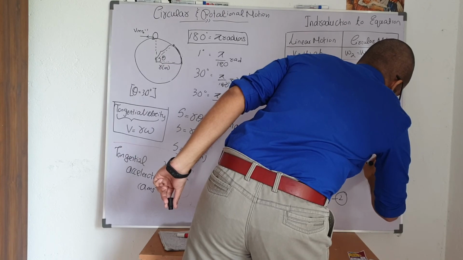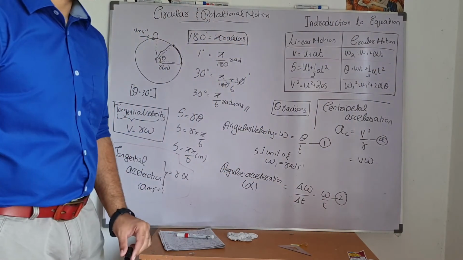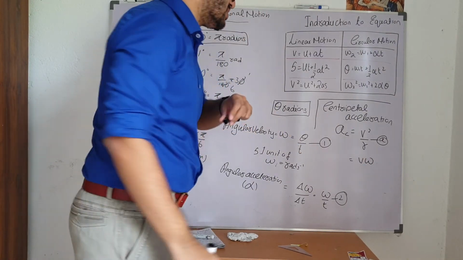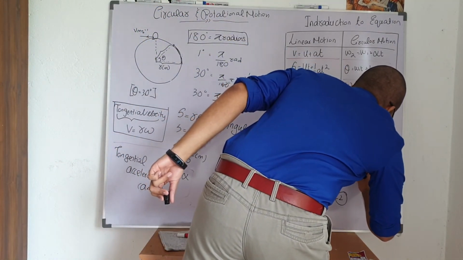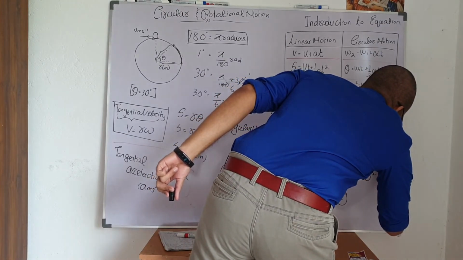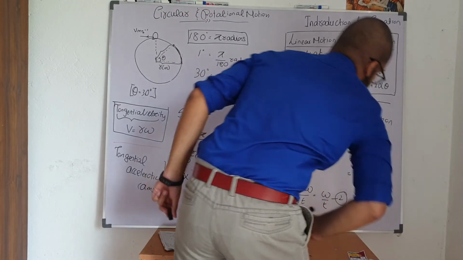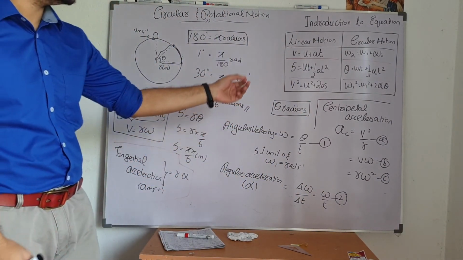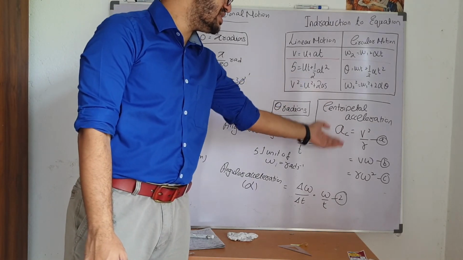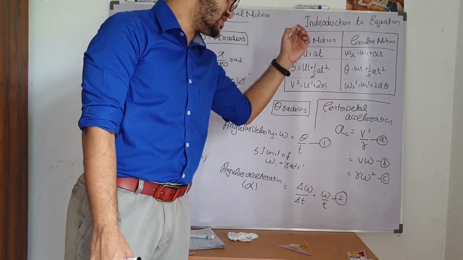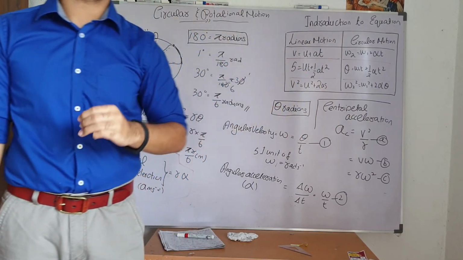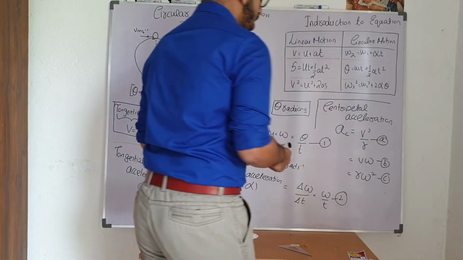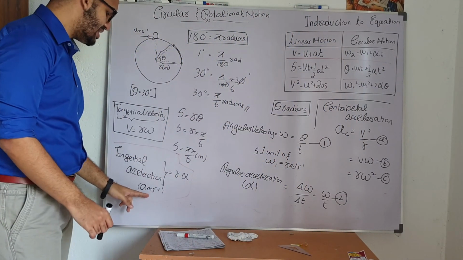V equals v times omega, tangential velocity times the angular velocity. And we can say r omega squared. B, C. So now you can clearly see that it has 3 types of equations: centripetal acceleration is tangential velocity squared over radius, tangential velocity times the angular velocity, and the radius times the angular velocity squared. So this has the SI units of meters per square second, just like we had it in tangential acceleration.